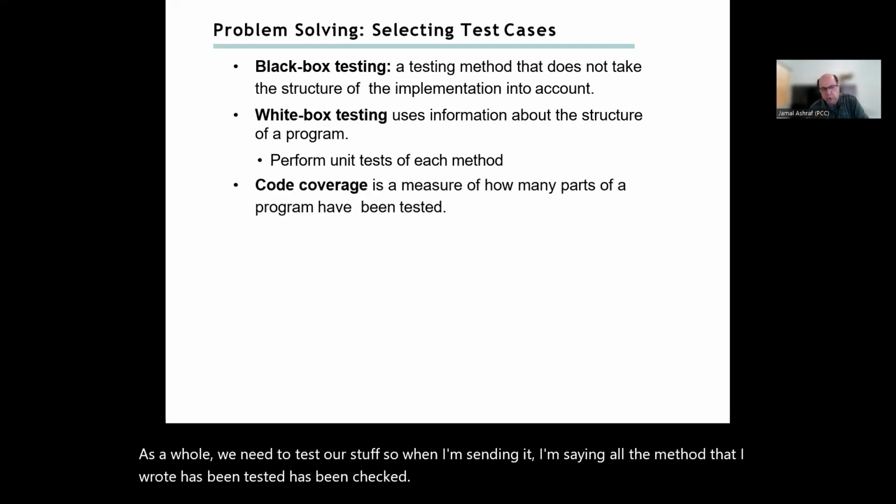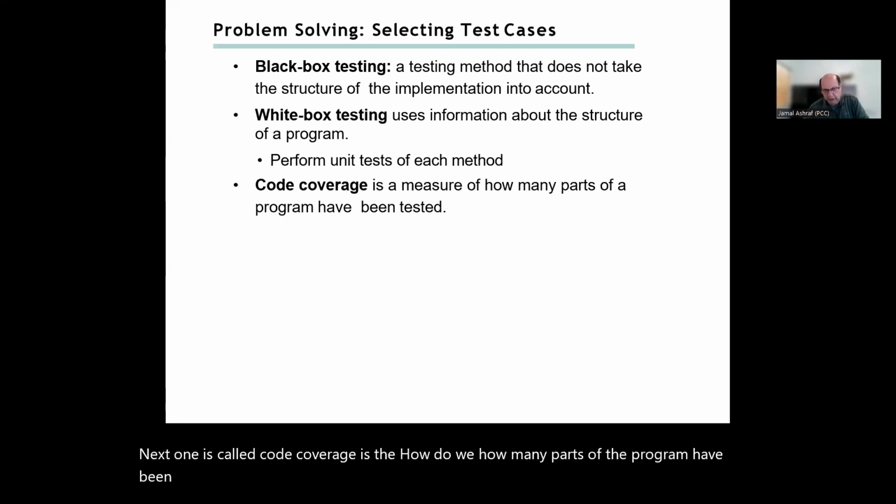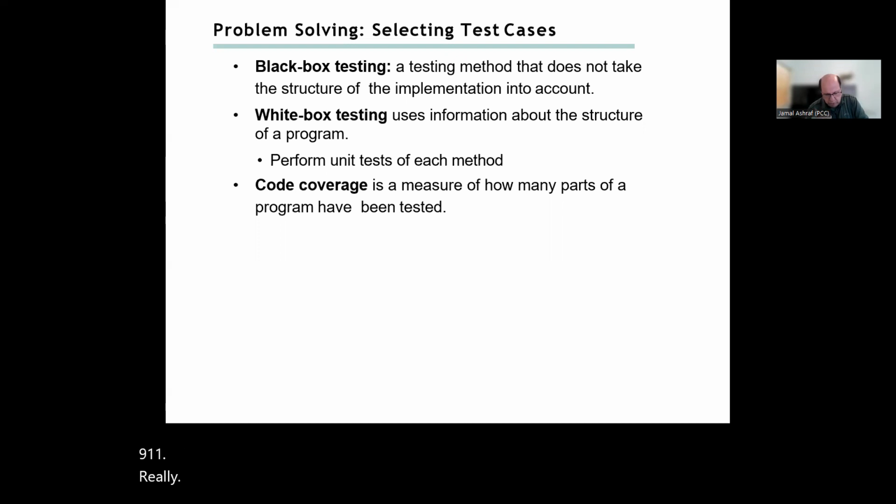The next one is called code coverage. It's how many parts of a program have been tested. We have a huge program, like the one we did for airport security way before 9/11, when early computers were coming on board. We had about 97 people working on the project, with lots of documentation.